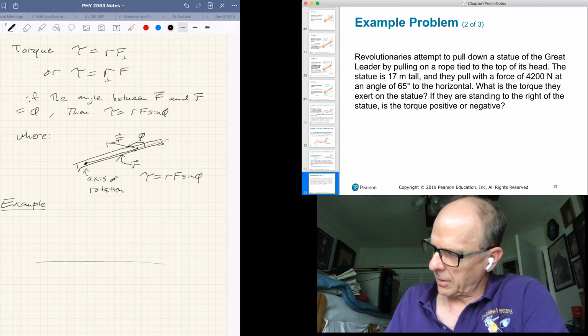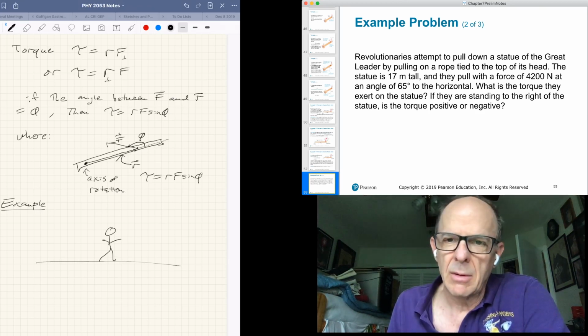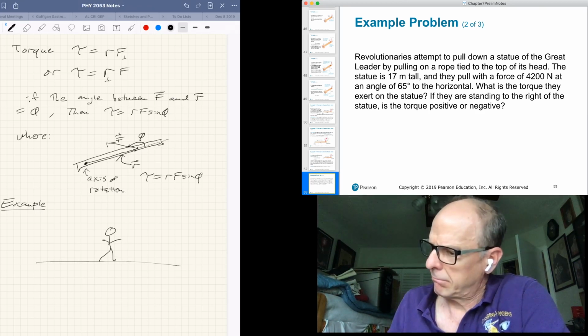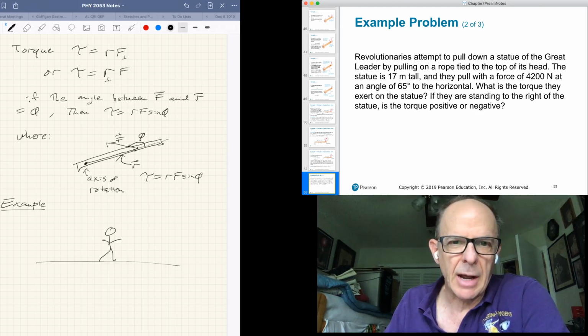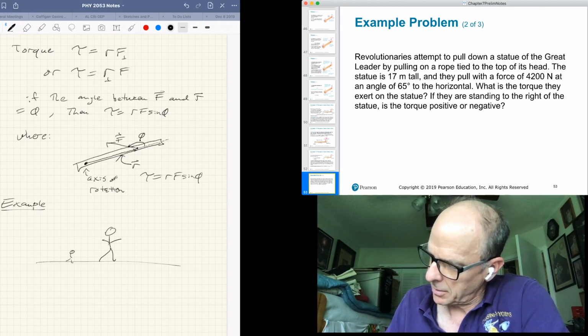First, let's draw a picture. Here's a statue. Looks just like a person. People are pulling down on it at an angle of 65 degrees to the horizontal. Here are the people pulling with a rope that's tied to the head.